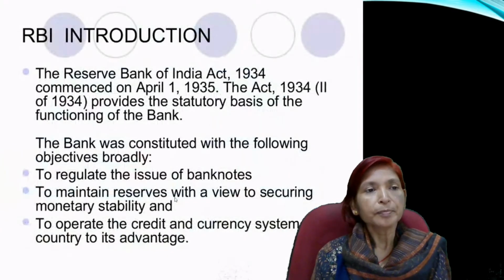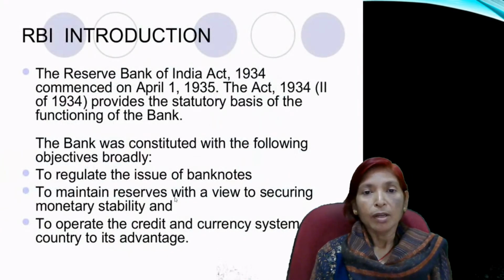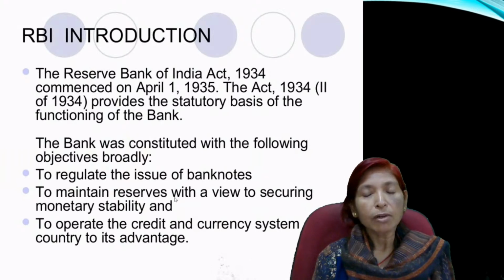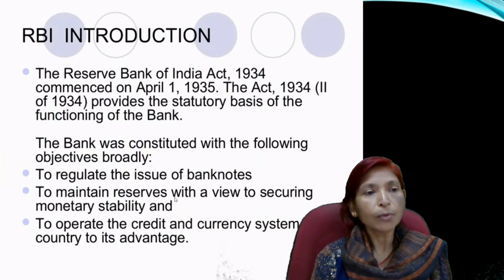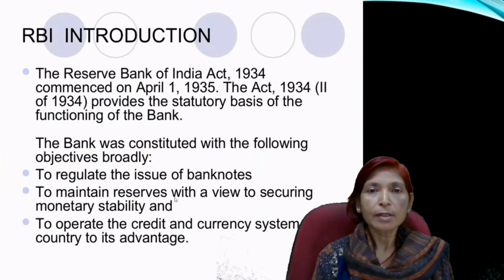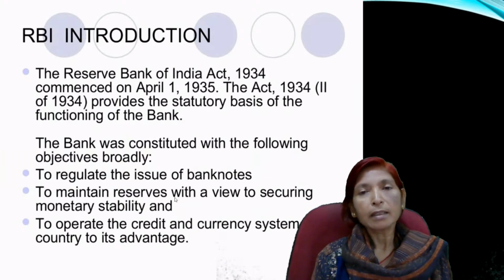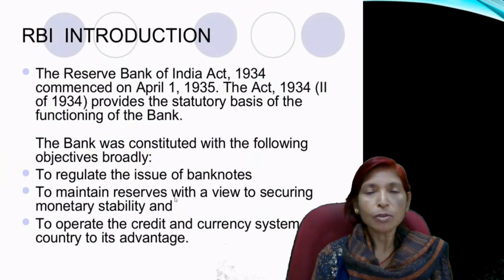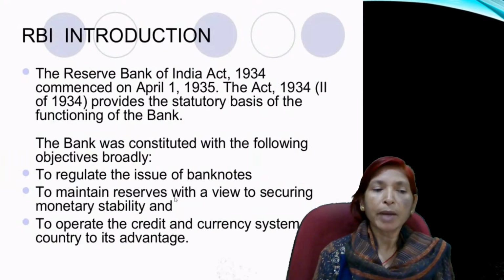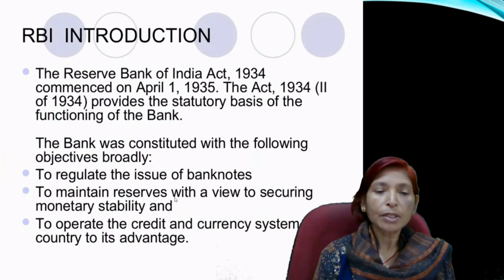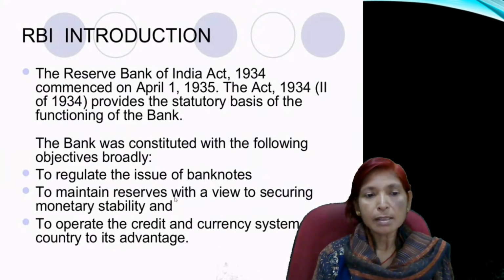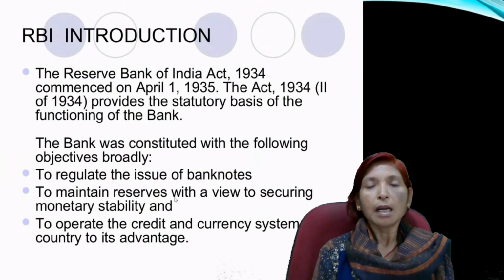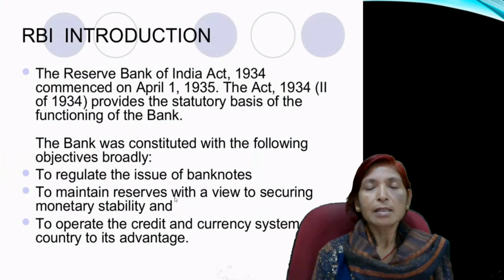Now next is RBI. You know that RBI is the apex institution of monetary authority. The Reserve Bank of India Act 1934 commenced on April 1st, 1935. The Act provides the statutory basis for the functioning of the bank. The bank was constituted with the following broad objectives. RBI is also known as the central bank.